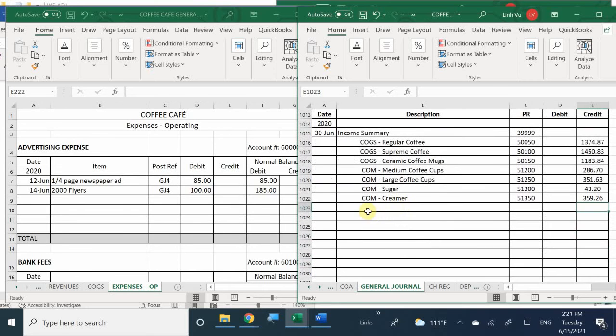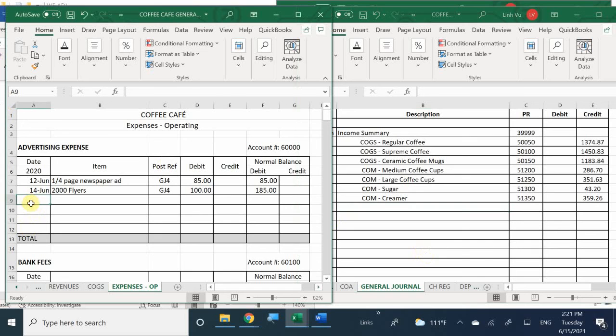Okay. So let's start with the first one. My first one here is my advertising expense. So here I'm going to close out my advertising expense. I need to close this out by how much? 185.